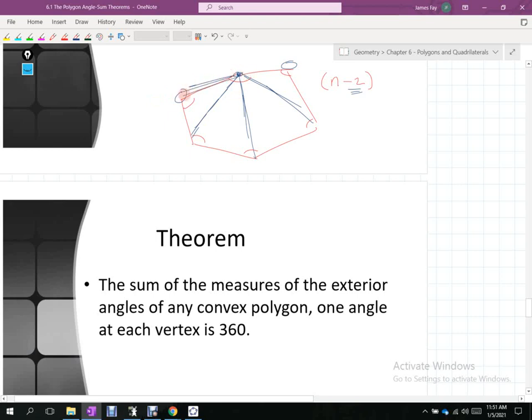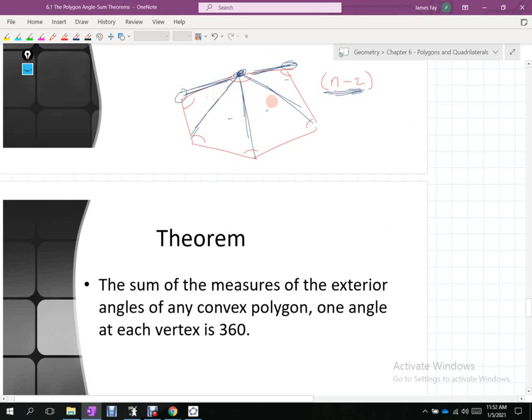Because that cannot be considered a diagonal and that cannot be considered a diagonal, okay? If I were to connect that vertex to all the vertices, it would be 5, right? But because I can't connect to consecutive ones to create a diagonal, it's actually 5 minus 2, or in this case 3. Sorry, 6 minus 2. So n minus 2 tells me how many of these triangles can be created.